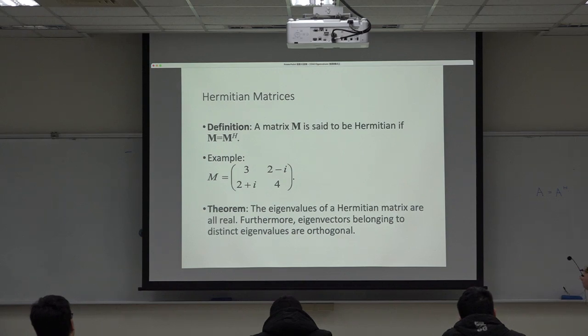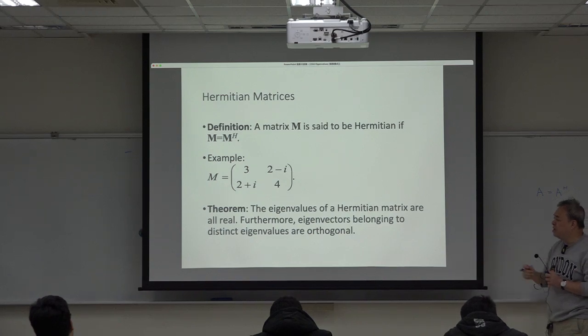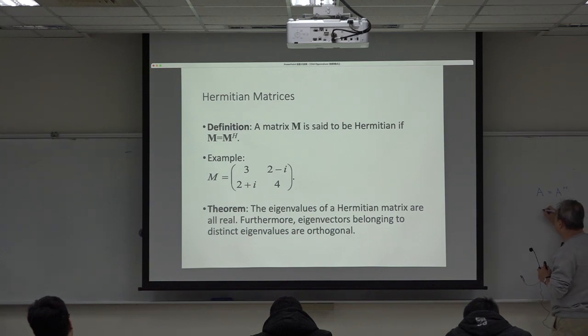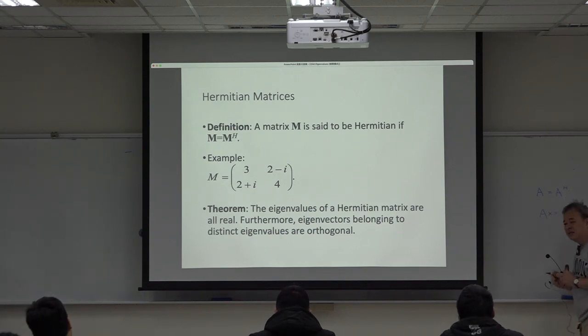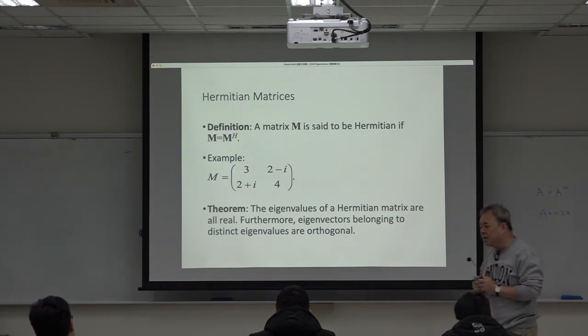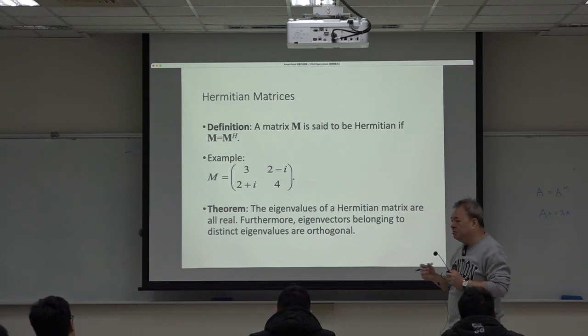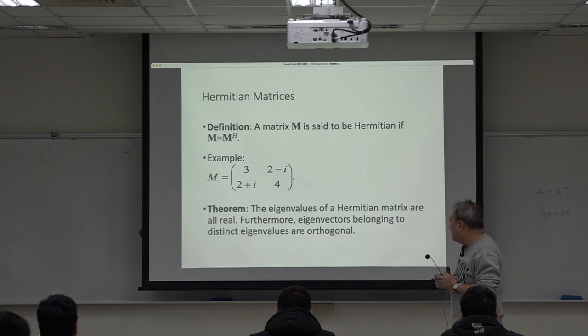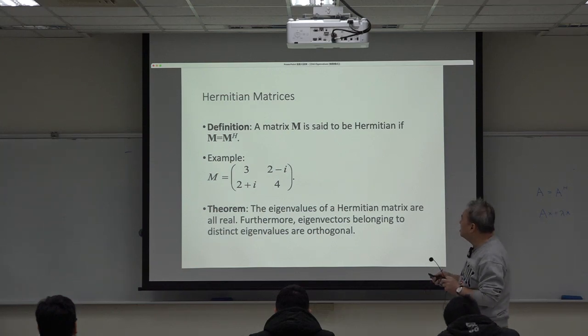So what do we mean by eigenvalue for a Hermitian matrix? It means Ax equals lambda x, right? The eigenvalue discussion for the Hermitian matrix is exactly the same.